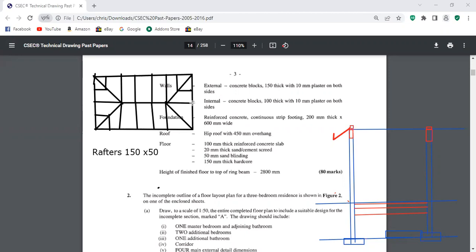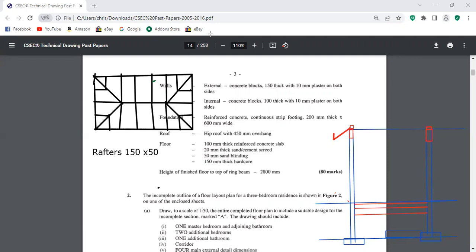What's the difference between a jack rafter and a common rafter? Jack rafters are the short ones. The common rafters are the full length ones. These full length ones are common rafters.